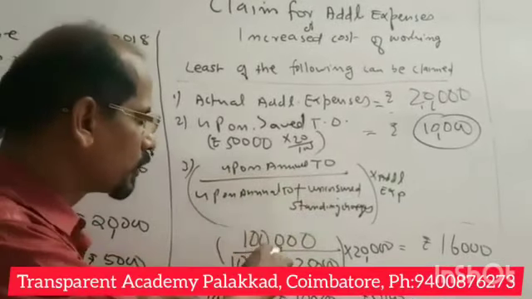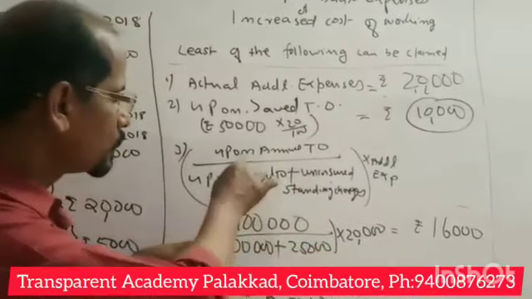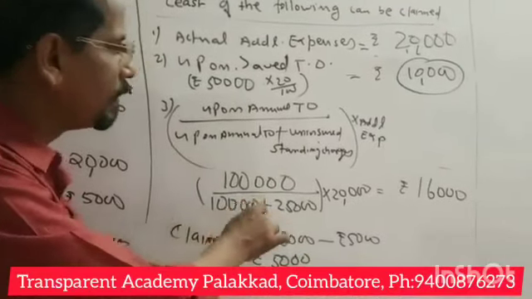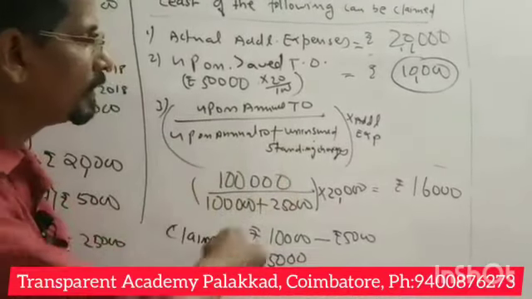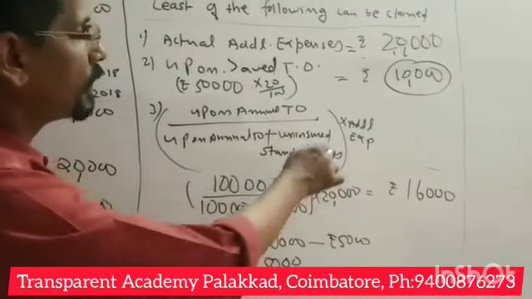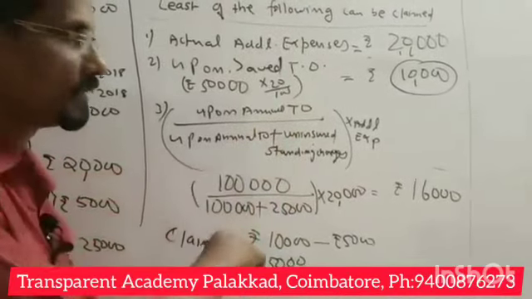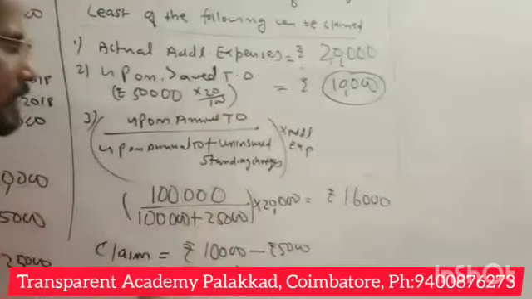So 1 lakh divided by 1 lakh plus uninsured standing charges of 25,000, into additional expense of 20,000, gives 16,000.